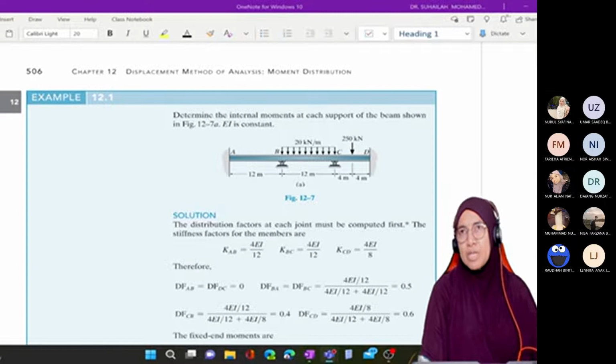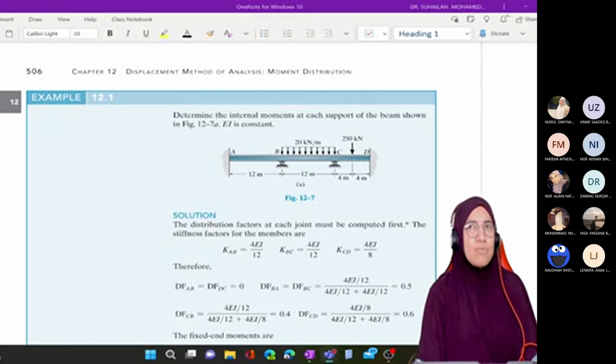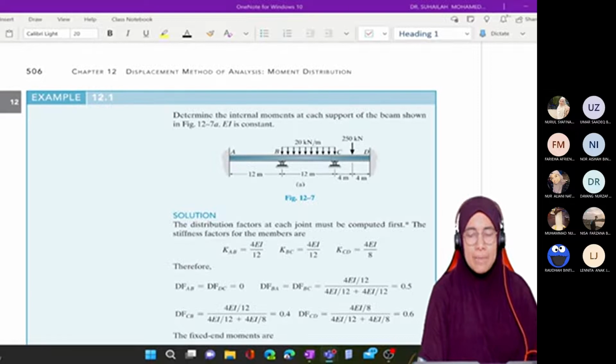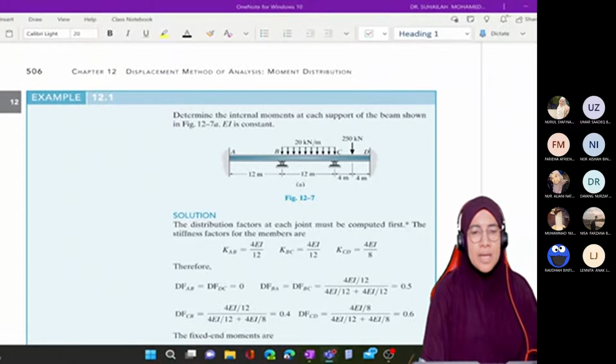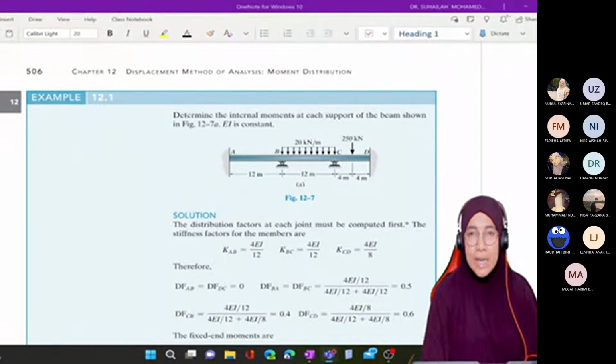So in last week's video, I explained a bit about the concept of support settlement in beam, and in the video this afternoon, I explained the concept as well as the example given in the slide.